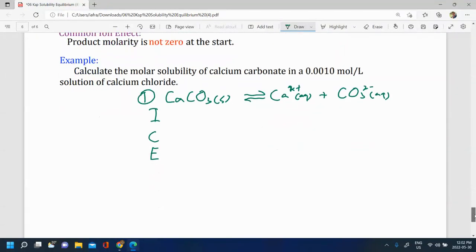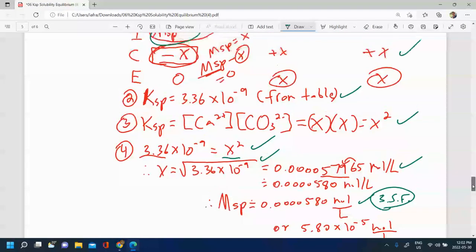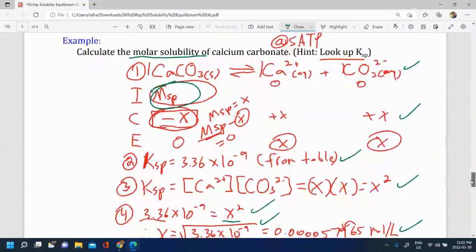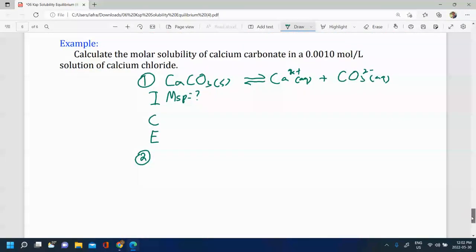And we're also going to write out the Ksp, because we know if we want to find molar solubility, we need the Ksp, which came from our Ksp table. And in the previous question, we saw that to be 3.36 times 10 to the power of negative 9.